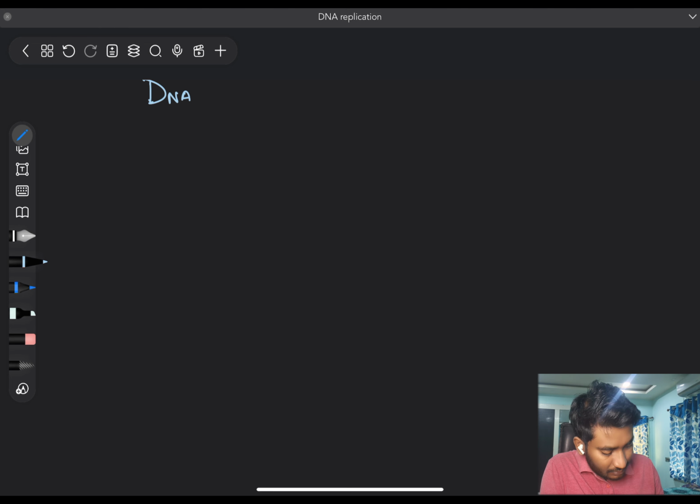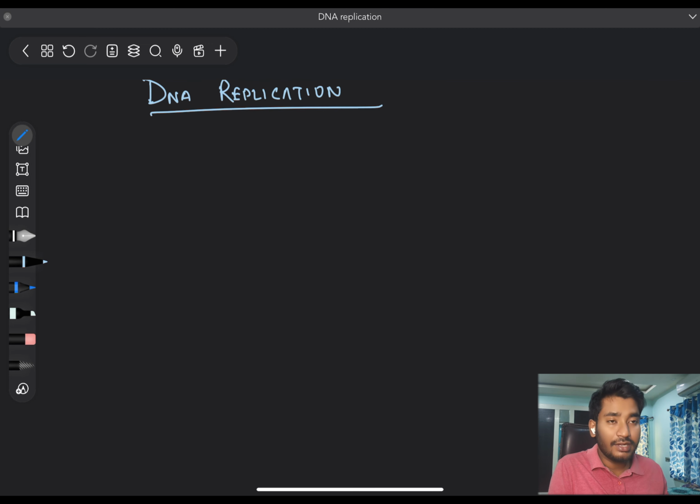DNA replication. How is the DNA replicated? This is the chapter where I need to draw many figures, and I need to explain after drawing the figures. So keep patience and see the matter. Let's start with drawing the picture.